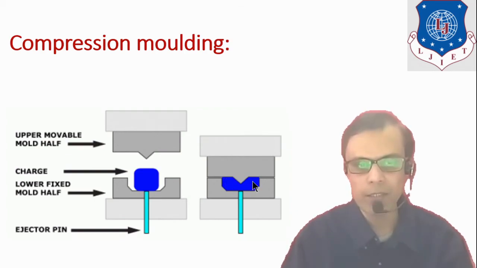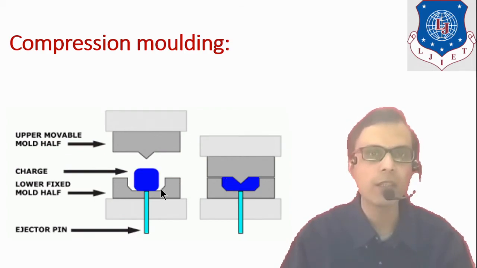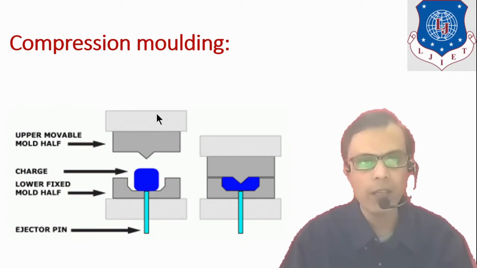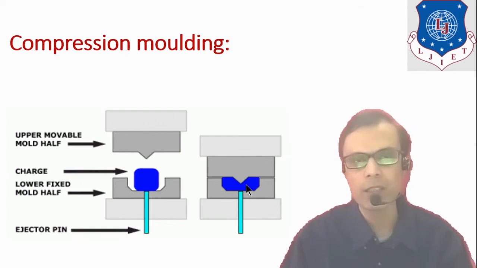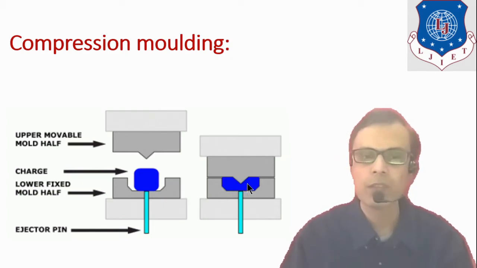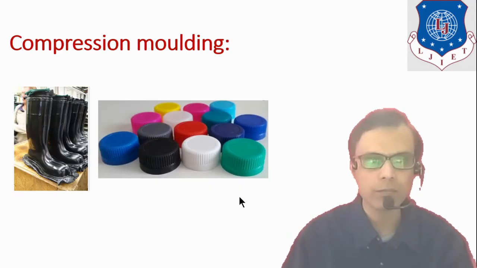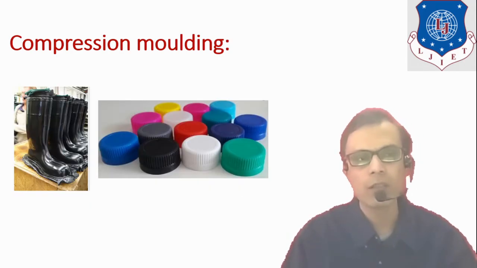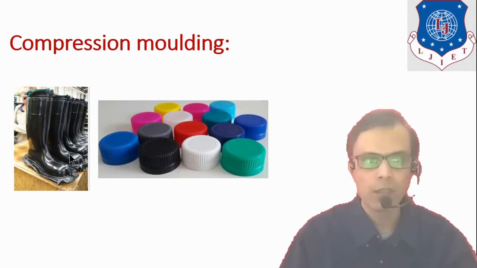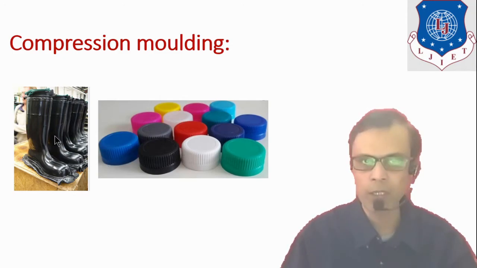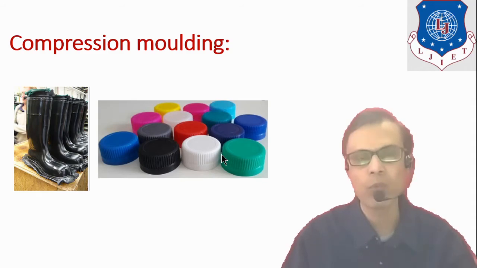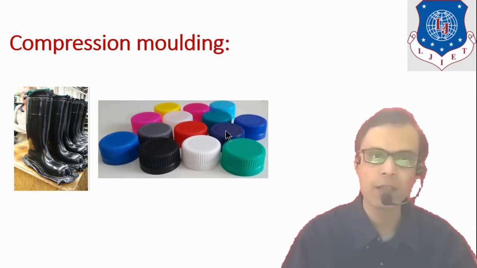So exactly that shape is given to this die cavity, and when this movable part comes down, it will press the charge and it will get the desired shape. After the solidification, it will be ejected with the help of this ejector pin. These are some examples of compression molding process. Rubber boots can be produced, or cap of the bottle can also be produced by the compression molding process.